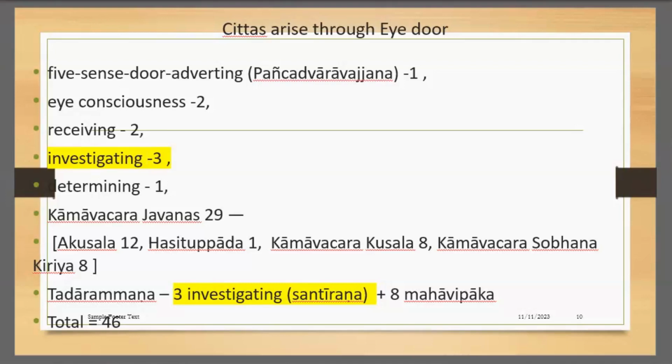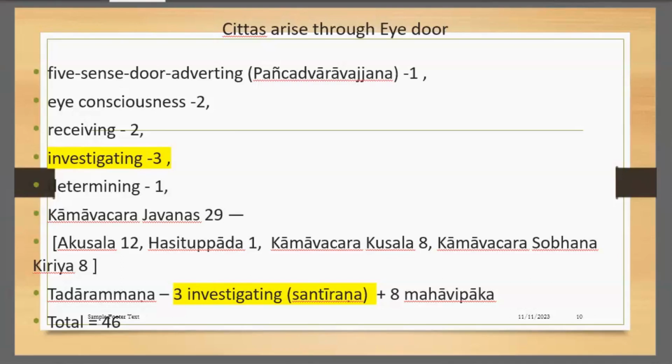According to the thought process, first Bhavanga Chitta arises, then it shakes and it stops. After that, the five sense door adverting consciousness, Panchadvara Vajjana, arises when we are seeing the object. After that, eye consciousness arises by seeing the visible object.